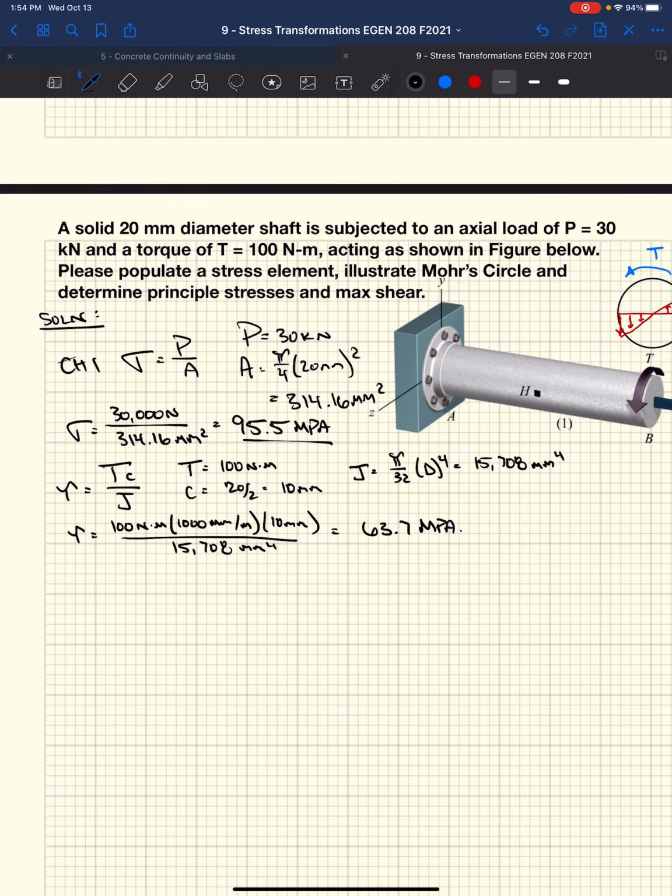So now that we know the shear stress and the normal stress acting within this shaft, we can populate a stress element. Right? We know what stresses are acting along this shaft, so we can populate a stress element.